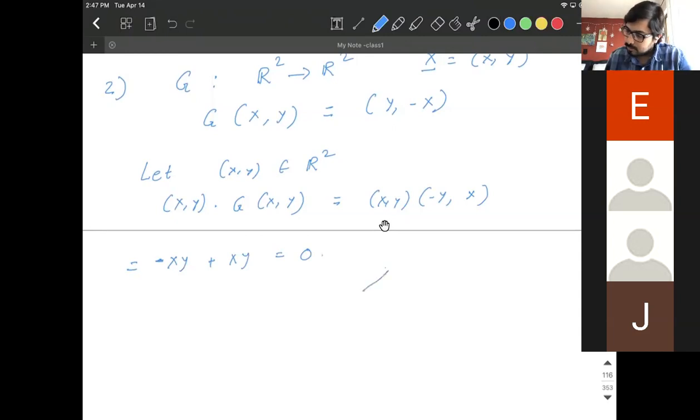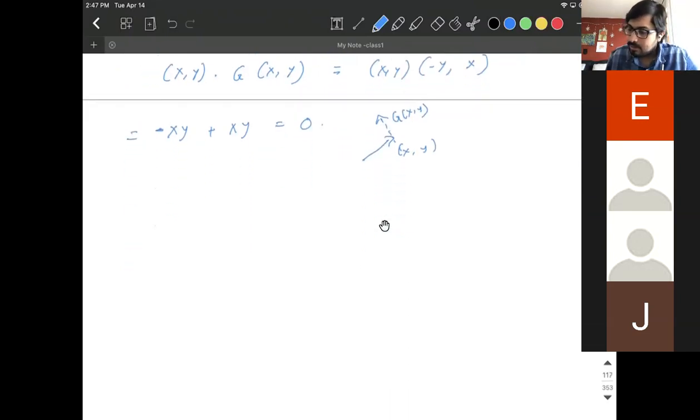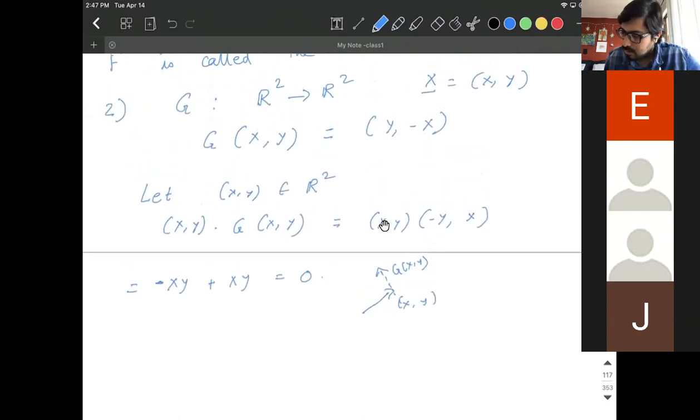So suppose this is my (x, y), then the direction of G(x, y) is perpendicular. That's the first observation, okay?